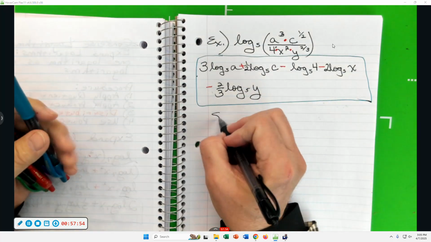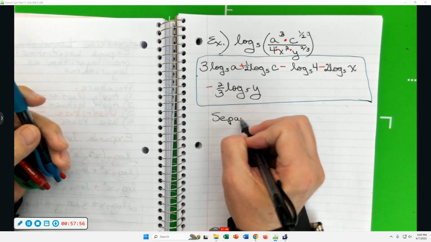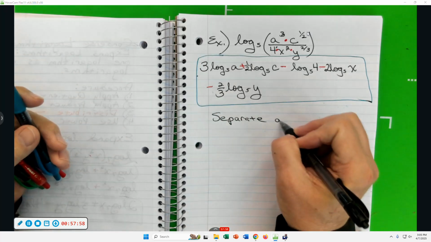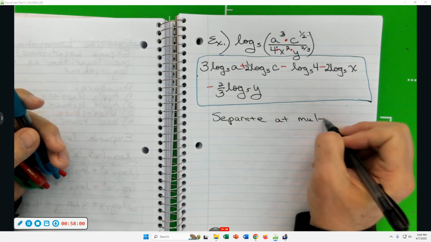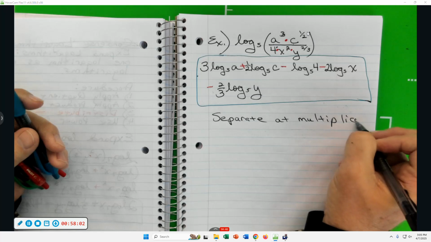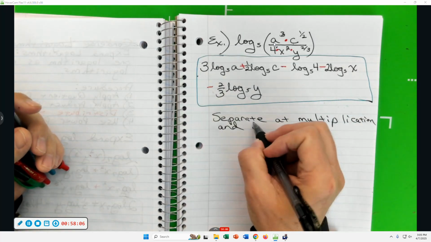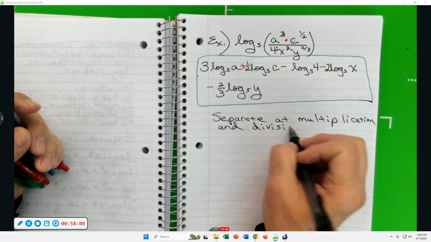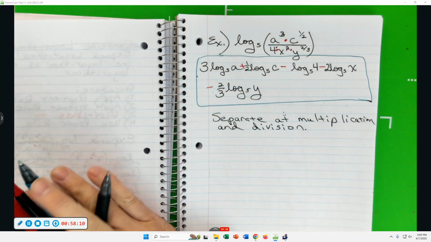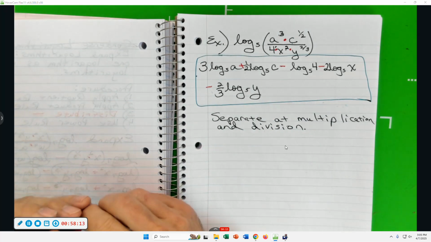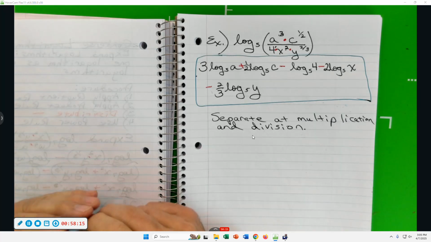Years ago, a student told me, I don't get it. You seem to think those little red dots are important. And I was like, yes, they're important. That's where you separate them. You separate logarithms at multiplication and division. You cannot separate them at addition and subtraction.